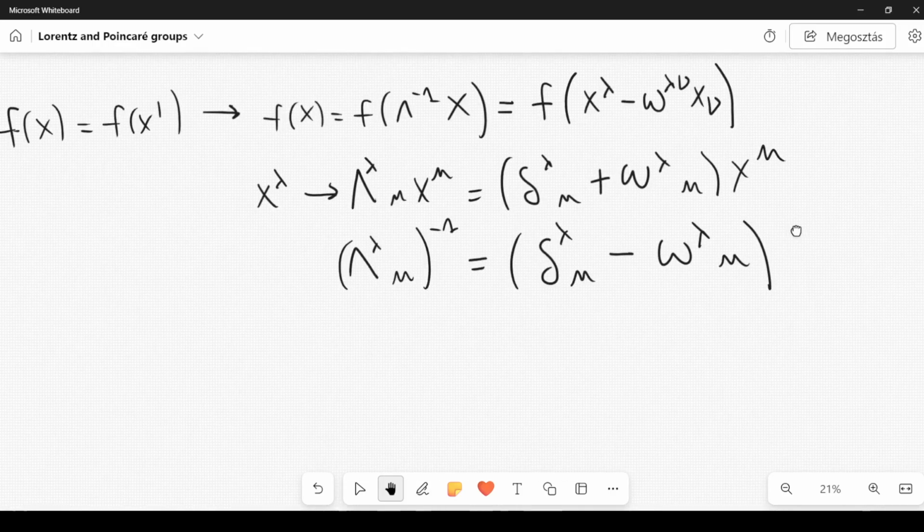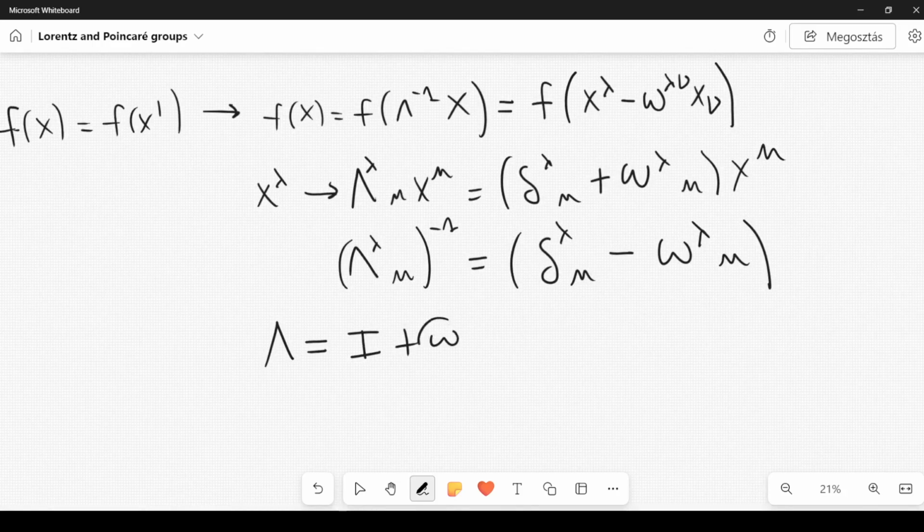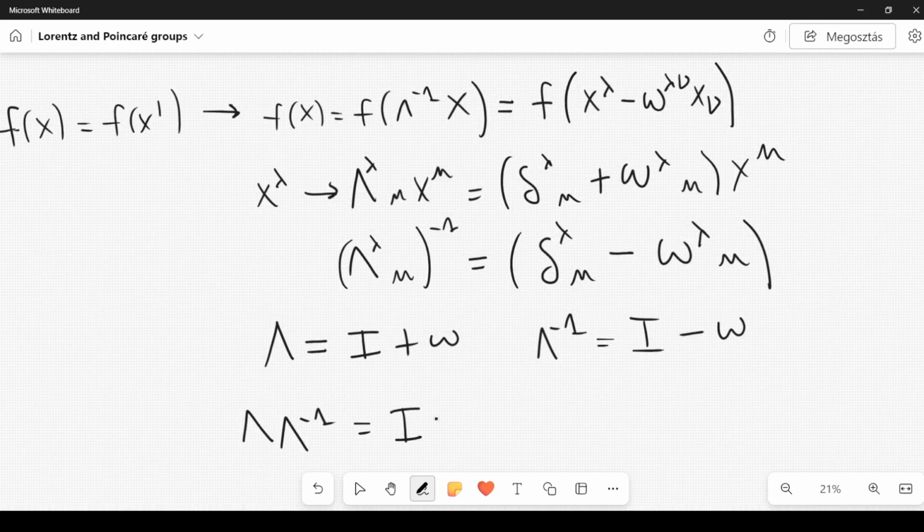So the idea is this. If you have lambda, so let's write lambda without the indices, you have the identity plus omega. Omega, remember that, is an antisymmetric matrix. And lambda inverse, let's assume that it is true that it is equal to the identity minus omega. If we multiply lambda by lambda inverse, when you do the multiplication, you have I plus omega minus omega, and then you have terms of the order of omega squared.